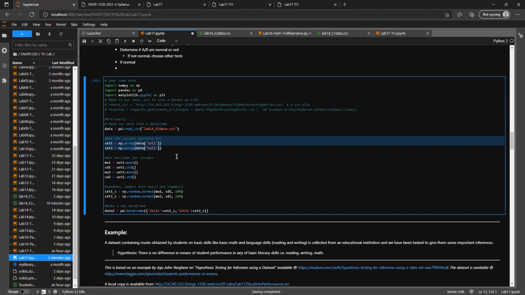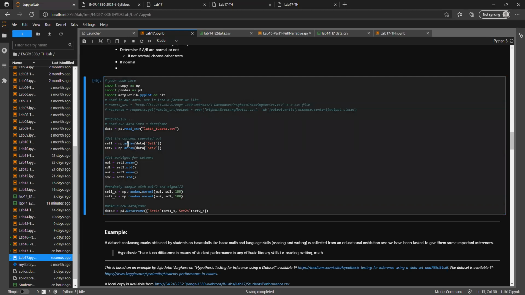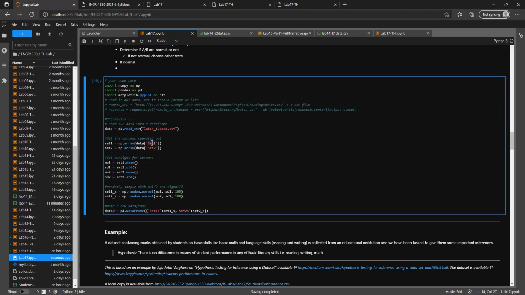Interesting. Won't work. Need to set them to set A and set B. I believe Cole is correct. The thing we're trying to do here is exactly the same. But as you can see, the column names are different in our two data sets. And the way that Pandas, I guess this will be NumPy, is working, our data frames work, is that you need to specifically use the name of the column.